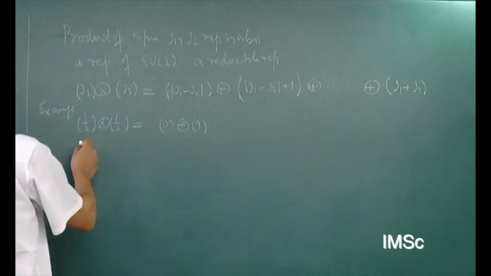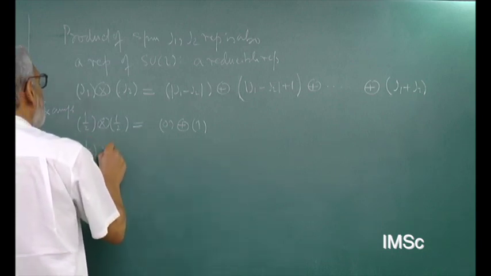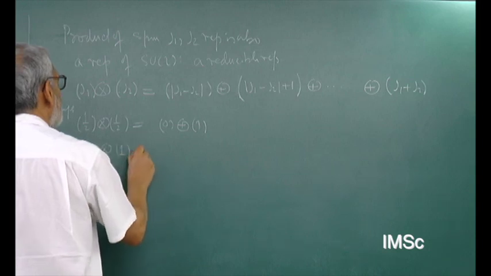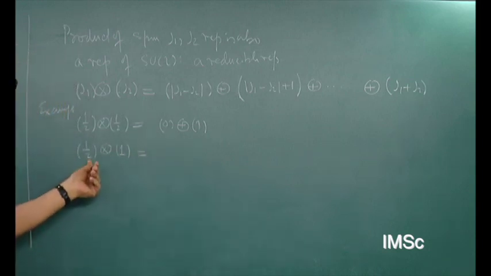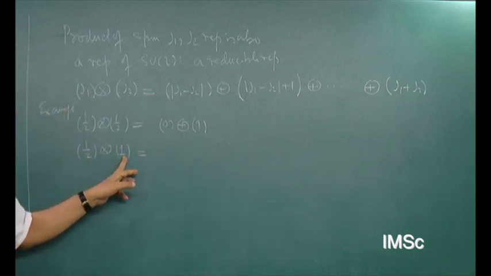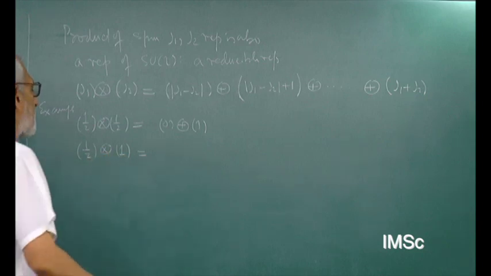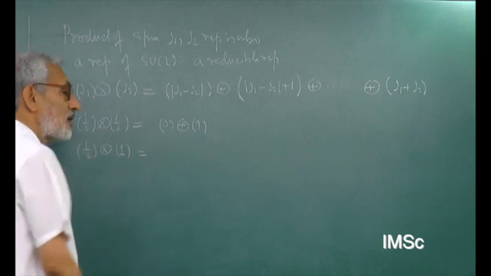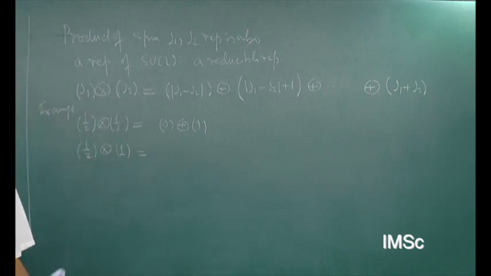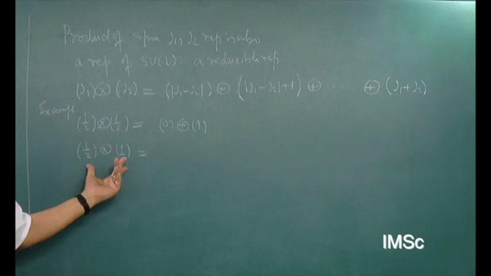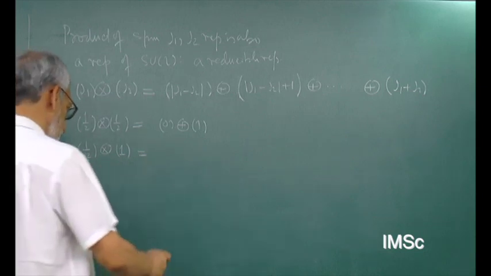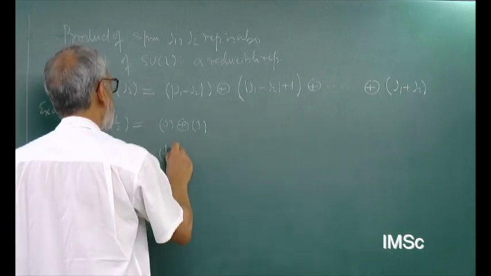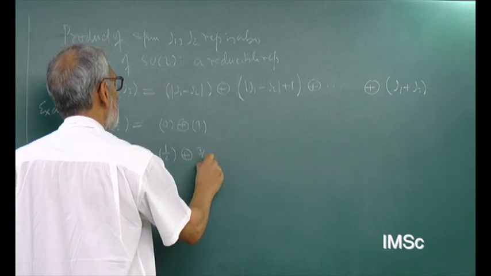Next example, let's say spin half cross spin 1. So it's the spin half representation times the spin 1 representation. By the rules we have prescribed, this is 2-dimensional, this is 3-dimensional. So 2 times 3 is 6. So this whole representation is made of 6 components. And the 6 components will break into irreducible representations of SU2 in the form of half plus 3 by 2.